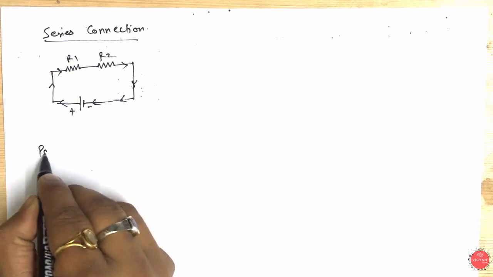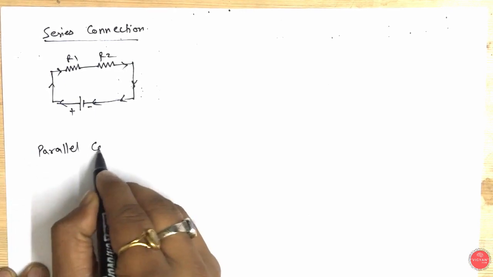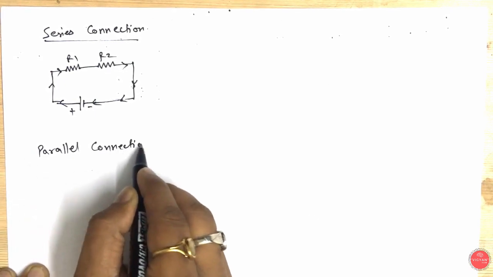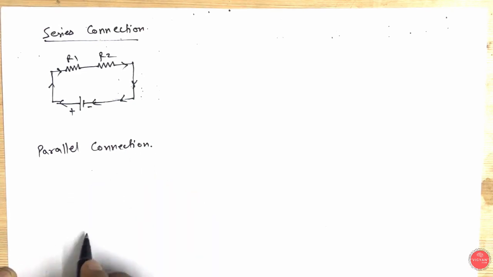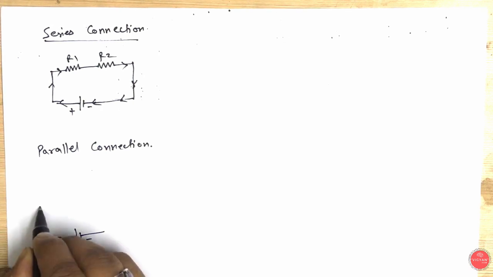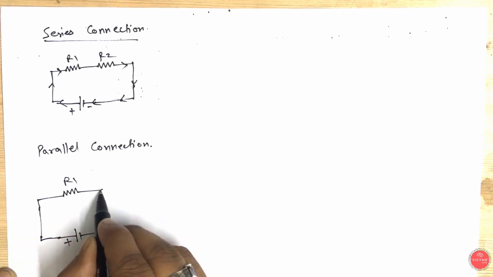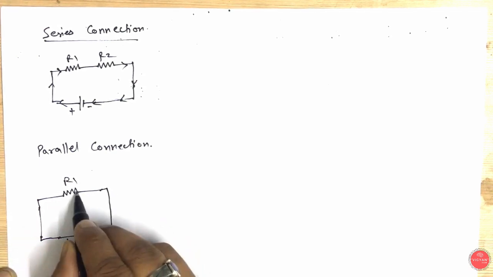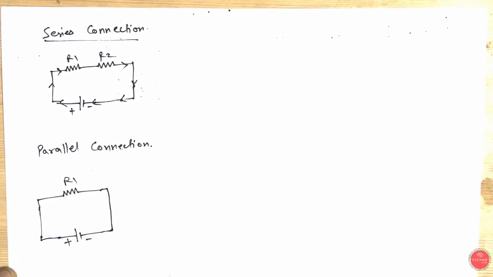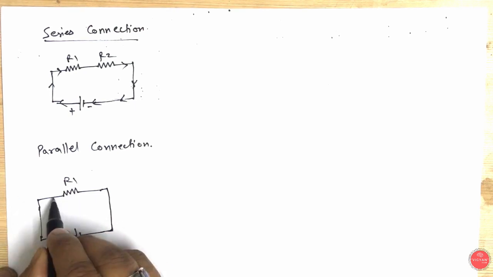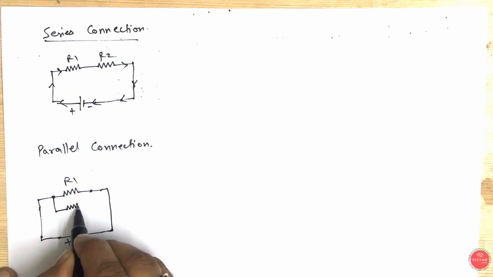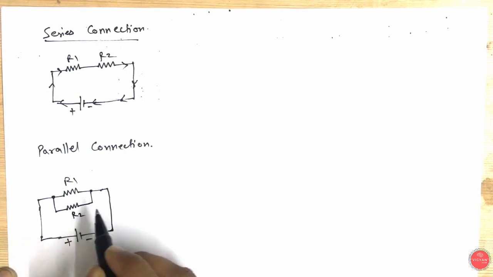Let me tell you what a parallel connection is. Suppose this is our battery, this is positive, this is negative. Now I have applied a load, let's suppose R1, and the other terminal of R1 is connected to the negative terminal of the battery. From the two endpoints of this load I am connecting another load, let's suppose resistance 2.